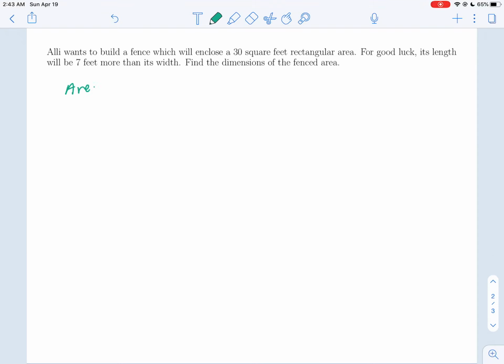So a quick reminder, for rectangles, the area is just equal to the length times the width. So, real quick, I'm just going to go ahead and let the width be x. I'm going to define variable x. It's going to be the width of the enclosure in feet. Okay.